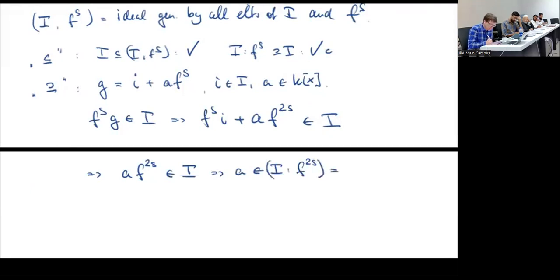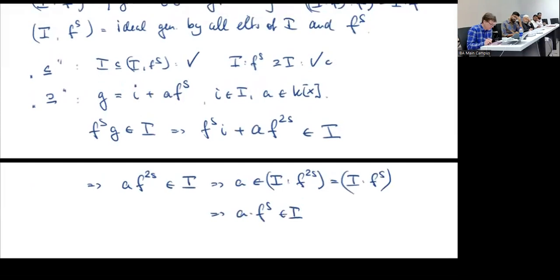So I colon F to the 2S is the same as I colon F to the S, because after F to the S, nothing happens anymore. So that means A times F to the S is in I. But that means G is composed of two summands that were both in I, so G is in I.